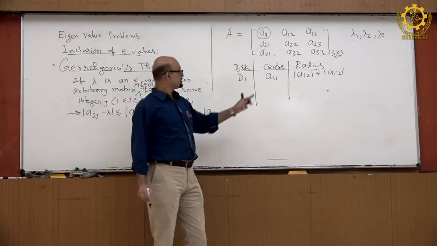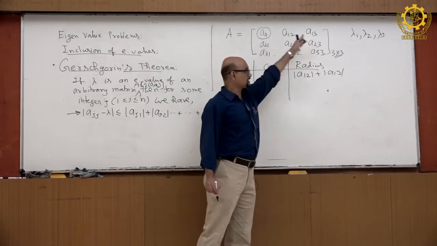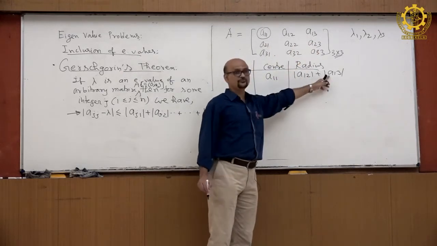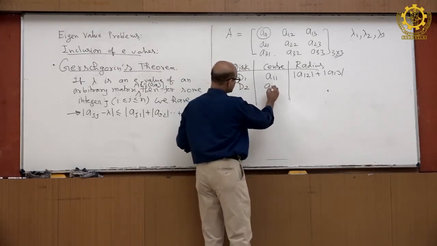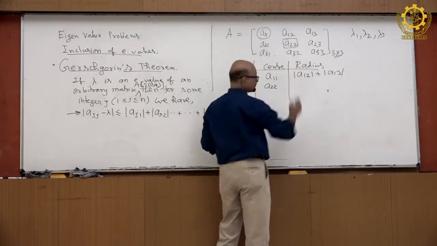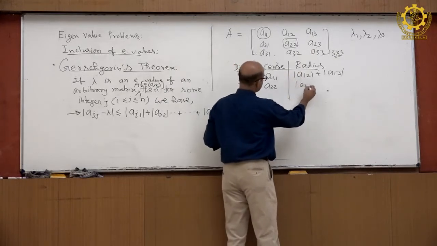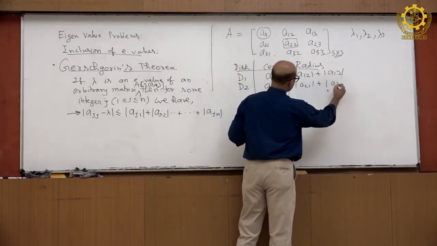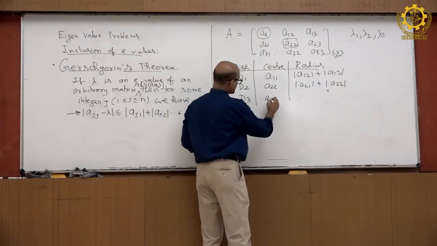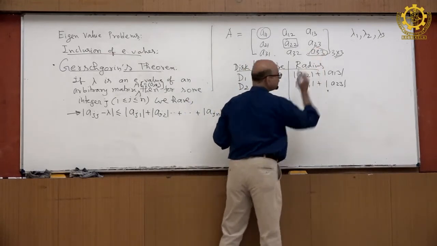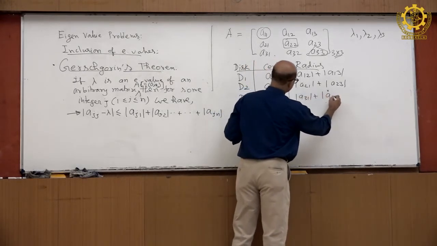Understood? The center is the diagonal element with sign, and the radius is the sum of the other elements in that row with absolute values. Next, for d2, the center is a22, and the other elements' absolute values give the radius, so it will be a21 plus a23. Third is d3, the center is a33, and the radius is a31 plus a32.